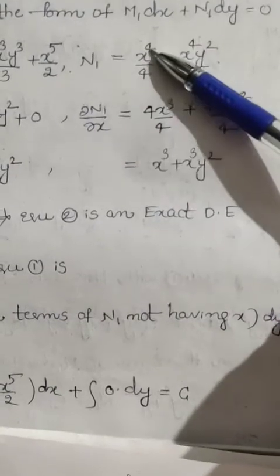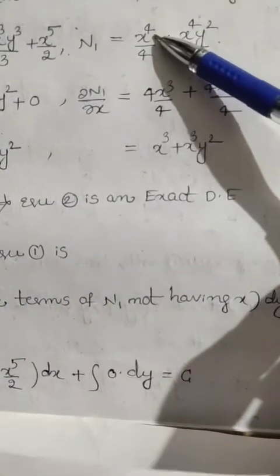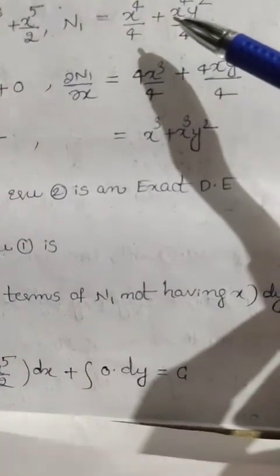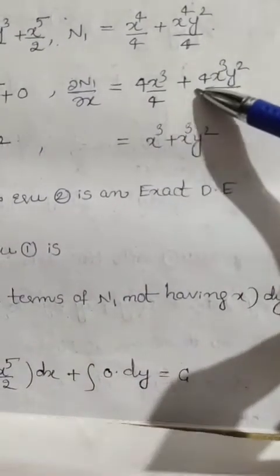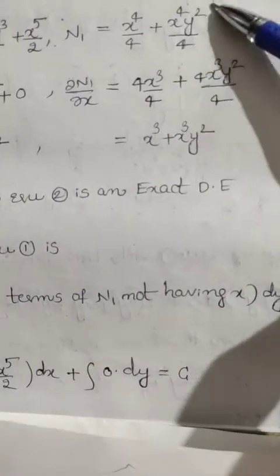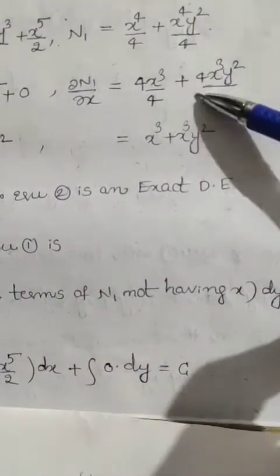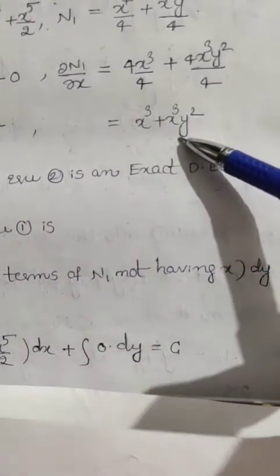Now the partial derivative of N1 with respect to x. Differentiation of x to the power of n is n into x to the power of n minus 1, that is 4 into x cube by 4. Here y square by 4 is constant, and the differentiation of x power 4 is 4x cube, so the 4s cancel, giving x cube plus x cube y square.